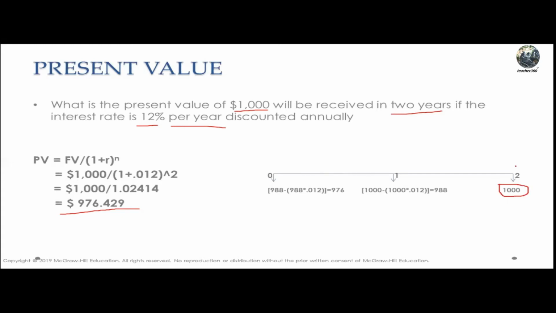If you discount it at the rate of 12%, in year 1 your value is $988. If you discount it back at 12%, you will get your present value of $976.